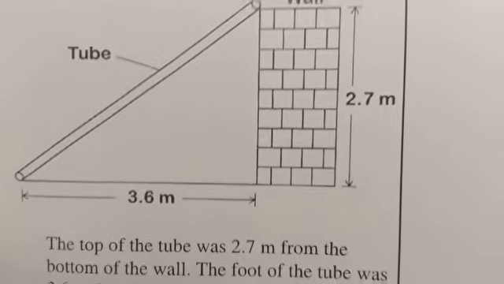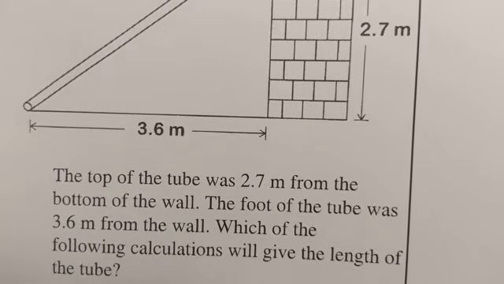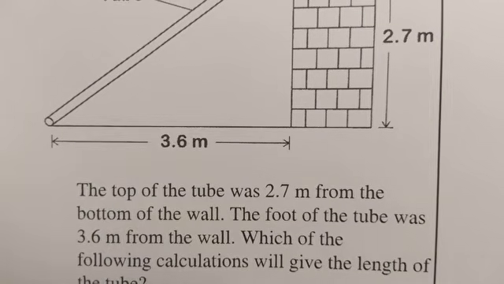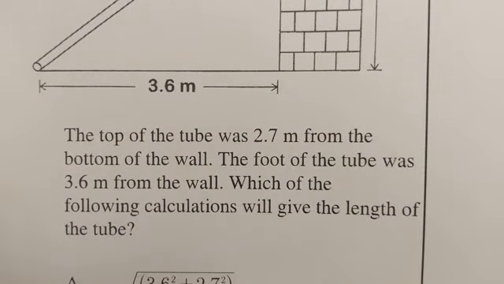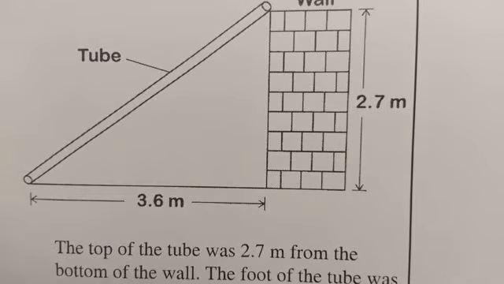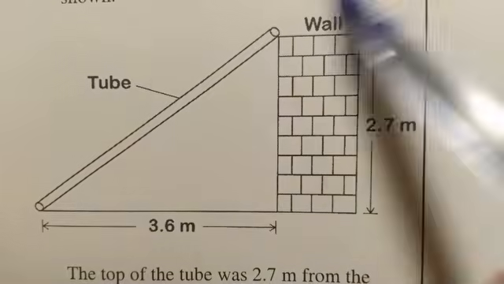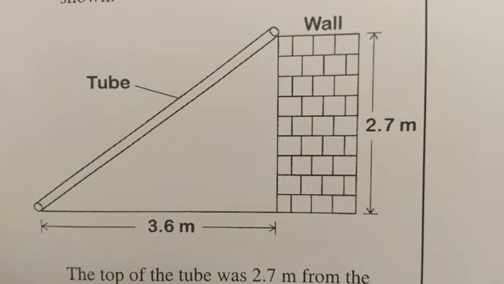You can see 2.7. The foot of the tube was 3.6 meters from the wall. Which of the following calculations will give the length of the tube?